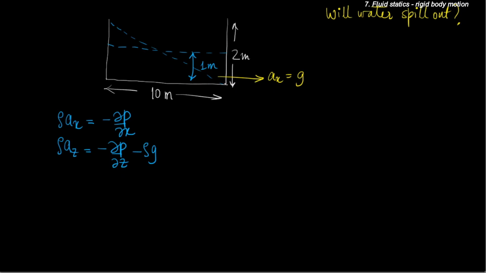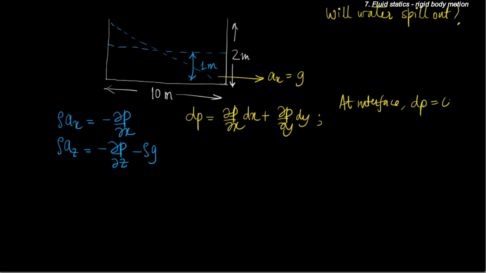And we also know that dp is equal to del p del x dx plus del p del y dy. And at the interface, dp equal to 0, because at all the points on the interface, the pressure is equal to the ambient pressure, and therefore at the interface it will not be dp dy, but rather it will be dp dz.